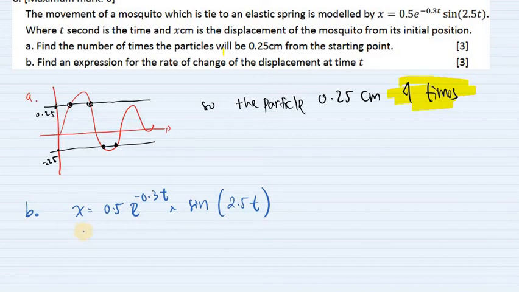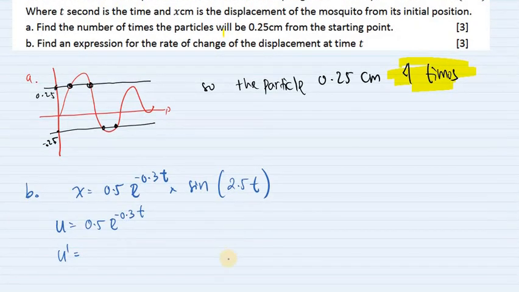For this one, we want to use the product rule. Our u will be 0.5 e to the power of negative 0.3 t, and then u accent will be 0.5 times negative 0.3, which is negative 0.15 e to the power of negative 0.3 t.